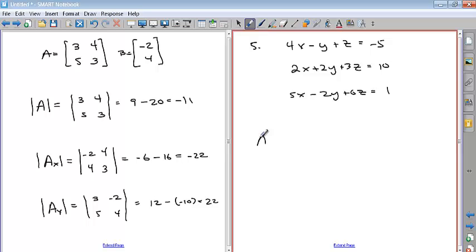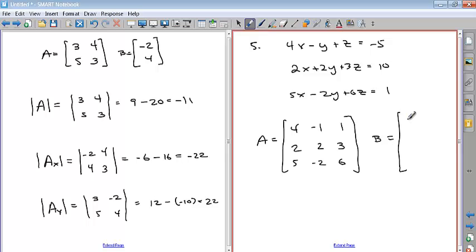So our A matrix is 4, -1, 1, 2, 2, 3, 5, -2, 6, the coefficients in front of each term. And our B matrix, the one we're going to substitute in, is that.